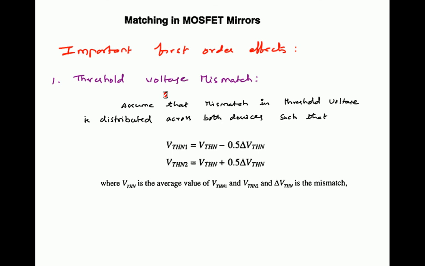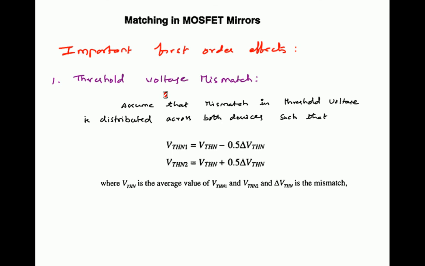So before going for the matching, we will see what different effects cause mismatching in MOSFETs. They are normally considered as first order effects. There are three important first order effects we are going with, based on the drain current equation.